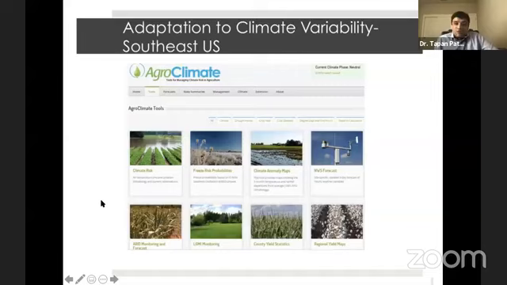I mentioned the CalAgroClimate effort. There are other parts of the US that also have very successful models. AgroClimate is an example from the University of Florida. My PhD co-advisor is a founder of this program, and a lot of growers are daily or periodically using their products on their website.